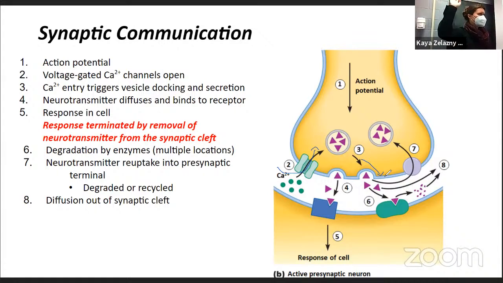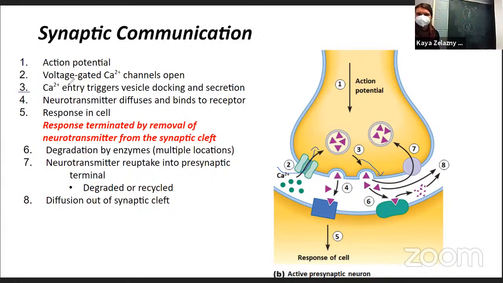You've all heard the word exocytosis before? Yeah, okay, good. You should have talked about it in your prerequisites, even if we didn't do it here. Exocytosis just means that we have a vesicle come up to a membrane. Because they're all made of phospholipids, they basically turn into one thing, and that expels the contents. That's what's happening here.